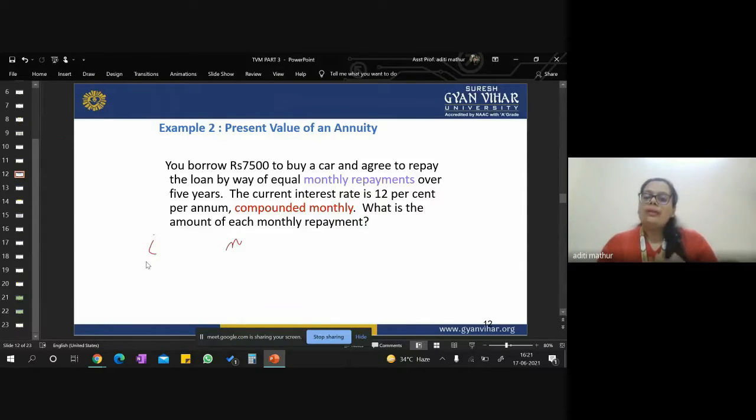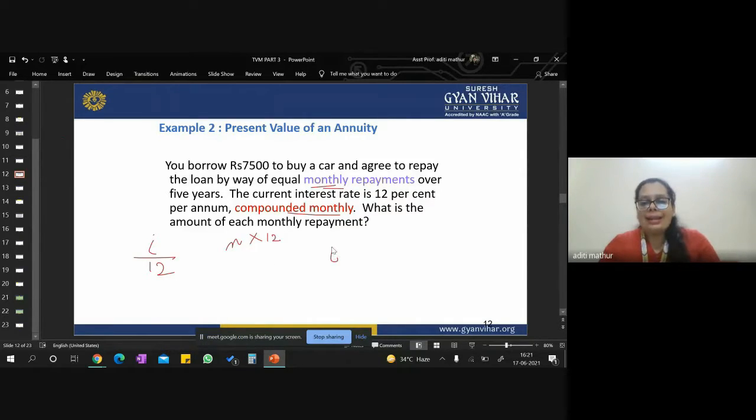So what we do is, whenever we have to adjust the I and N because it is compounded monthly, we always divide our interest and multiply our N. Because it is monthly, we are going to divide the interest by 12 and multiply the N by 12.